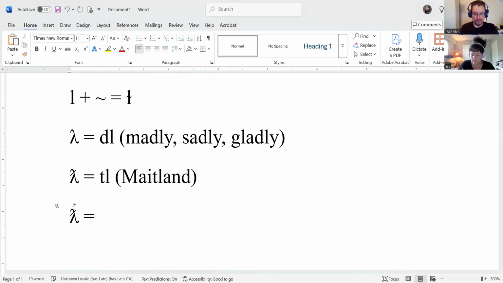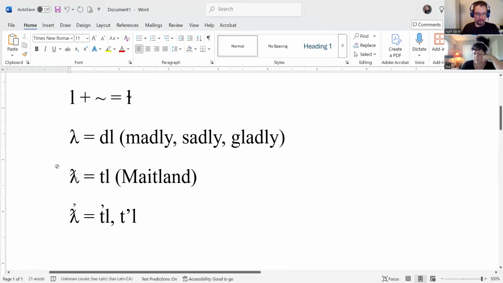So there are different representations of it. Sometimes it's a T with an apostrophe and an L. Sometimes it's a T and an apostrophe separately, then an L. And this is what we call an ejective barred lambda.